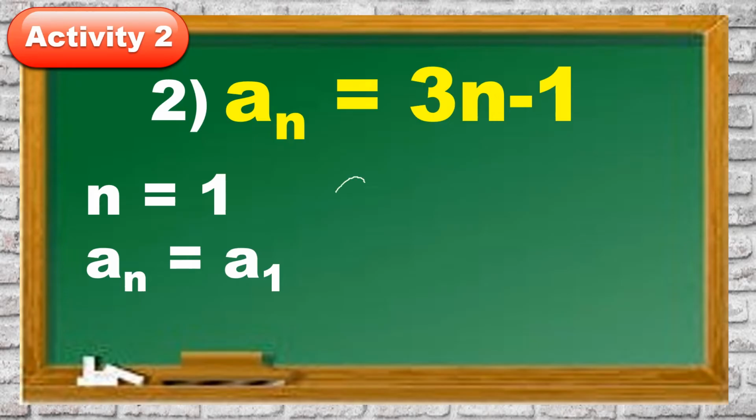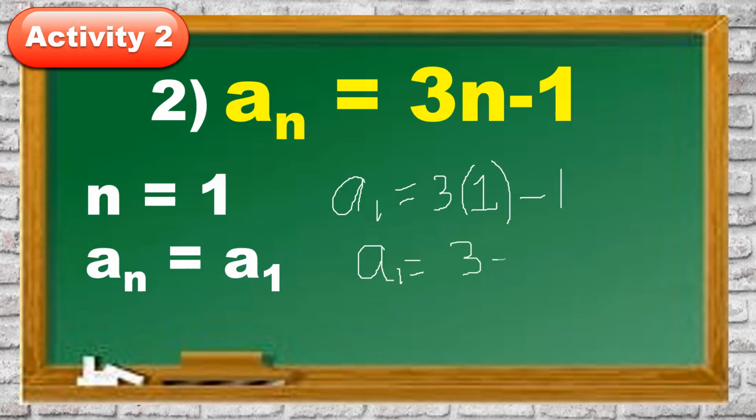Therefore, we have a sub 1 equals, sabi ko nga kanina, laging 3 yan, constant. But we will replace the value of n into 1 minus 1. Therefore, we have first term equals 3 times 1 is 3 minus 1.